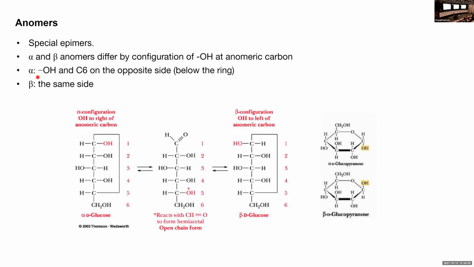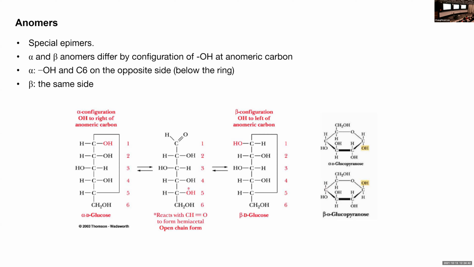So this is the alpha anomer, as opposed to if they're on the same side, and I'm talking about the exocyclic group or carbon and the hydroxyl group attached to the anomeric carbon, then they're going to be called the beta form. So alpha and beta, which are for anomers, are different from D and L forms, which are stereoisomers for enantiomers, right? This is about enantiomers or anomers.